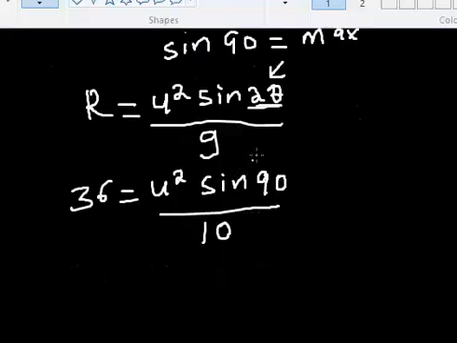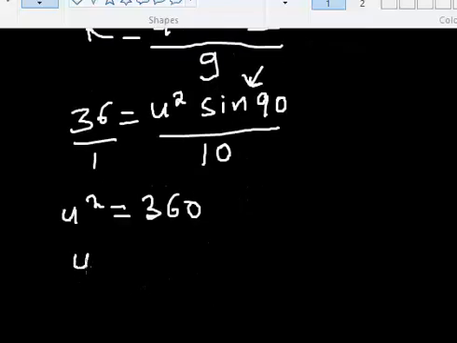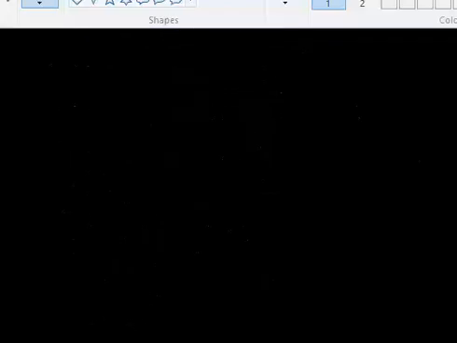Of course sine 90 is 1, so 1 multiplied by u square is u square. If I cross multiply, I'm going to have u square equal to 360. So this gives me u equal to the square root of 360. You can use a calculator to evaluate that.